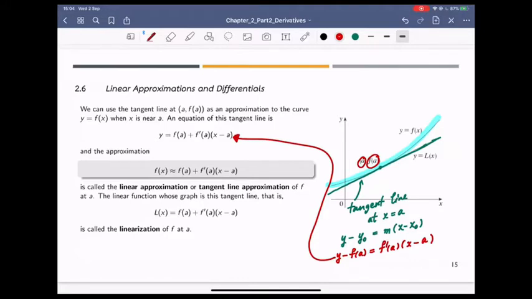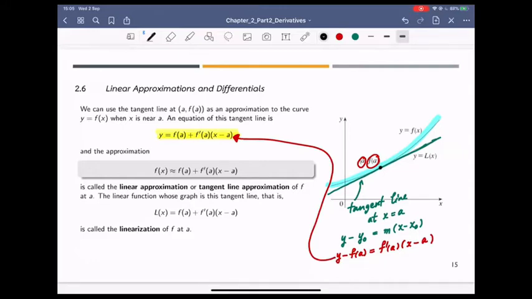Well, the idea is, if you take a look at the equation of this tangent line, you're going to see that we can find the value of the function f(x) at points near x equal to a by using the tangent line as the approximation. By this I mean, if you take a look at the picture, at x equal to a, this is the point where the tangent line touches the curve, right?